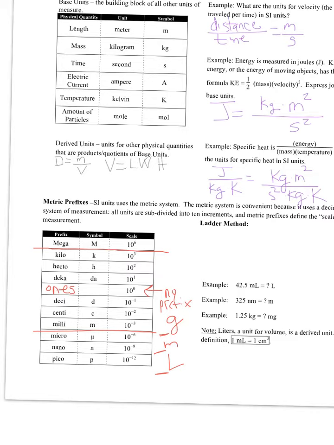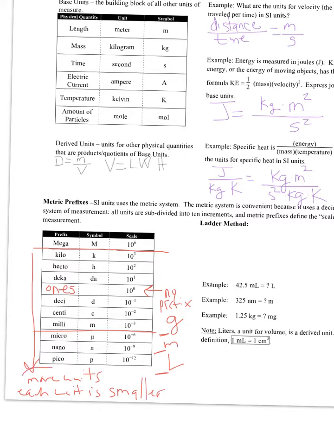As you go down, the unit becomes smaller. So a millimeter, if you look at the ruler, is smaller than a centimeter, which means there are more millimeters. As you go down this way, there are more units, and each unit is smaller by a factor of 10, right?